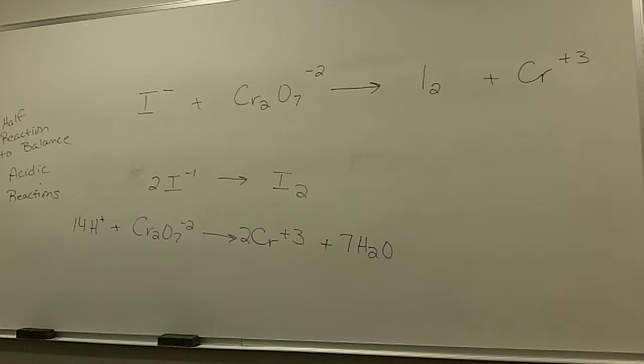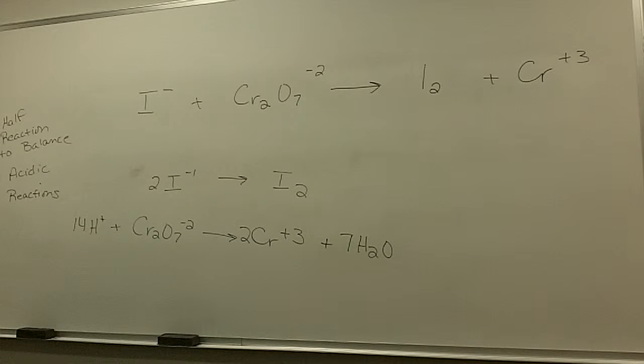Okay? Then we're going to balance the half reaction for the charge by adding electrons to the side with the more positive charge. So which side has the more positive charge? The one with the hydrogen. Product side?